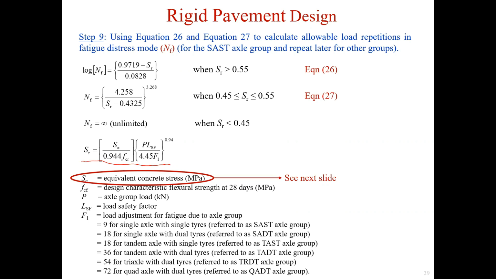FCR is the design characteristic flexural strength of concrete at 28 days. The capital P is the axle group load. LSF is the load safety factor. F1 is the load adjustment for fatigue according to axle group. It has a different value for different types of axle group. So for SAST, we just use the value of 9, and for QADT, we use the value of 72.